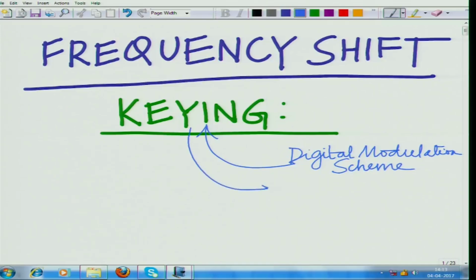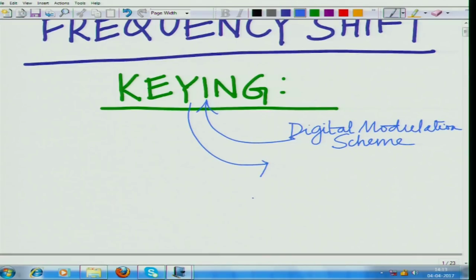And it is based on the signal space concept that we have previously described, where we have two pulses which form an orthonormal basis for the signal space.